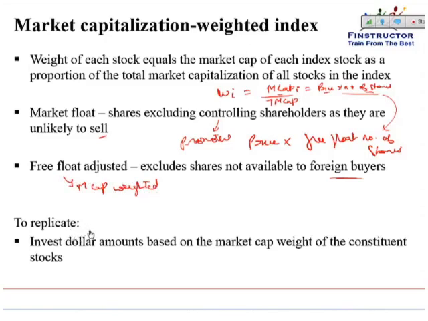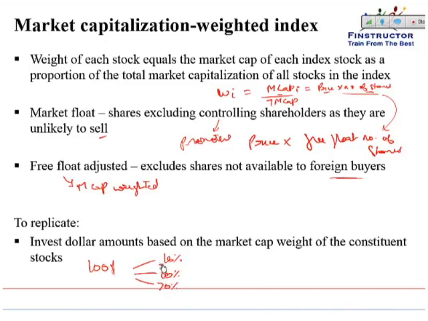To replicate a market cap weighted index, you should invest your money based on the market cap weight of a constituent stock. If you have $100 and there are 3 stocks, one has a market cap weight of 10%, the second has 20%, and the third has 70%.